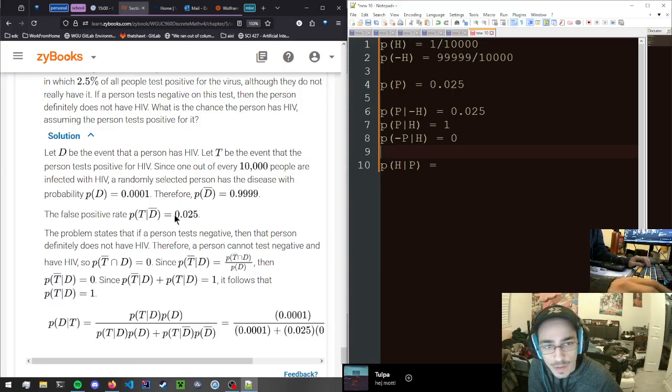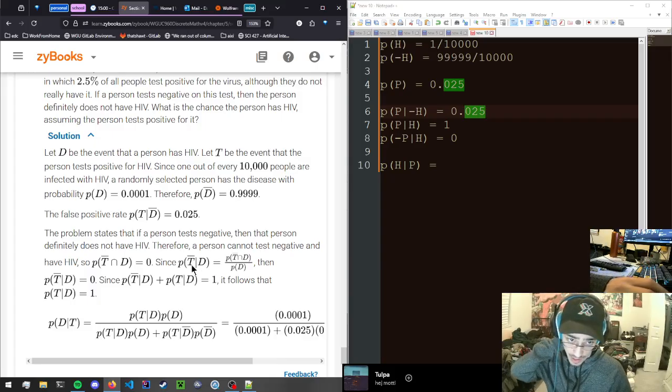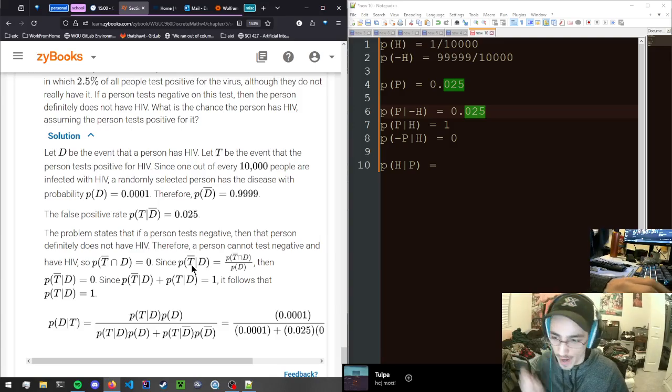I did this right, the false positive rate, so test given they don't have it, and I did the other things right, but okay.